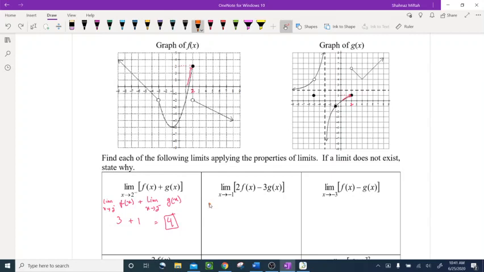That 2 can stay here outside, and I can say limit x approaches -1 of f of x, minus, keep the 3 outside, because nothing is going to happen to that coefficient, so it's going to stay there. Limit x approaches -1 of g of x.